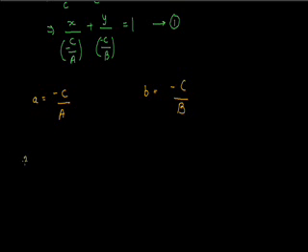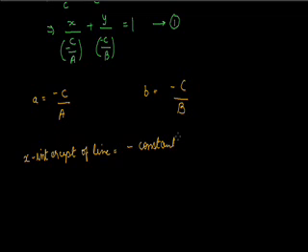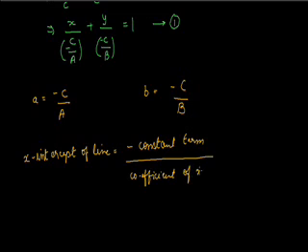The x-intercept of the line is equal to minus c by a. So minus c is the constant term, so minus of constant term whole upon a, which is the coefficient of x. So the x-intercept of the line is equal to minus constant term upon coefficient of x.